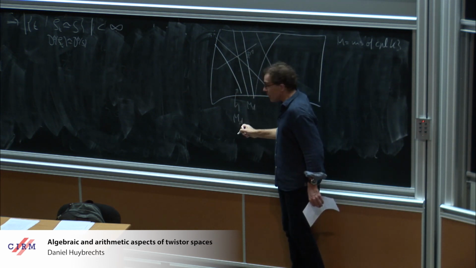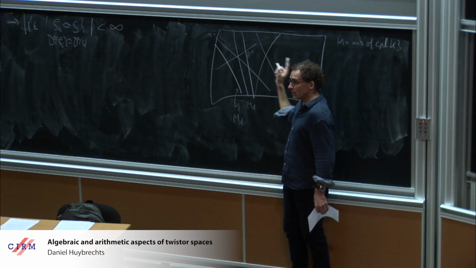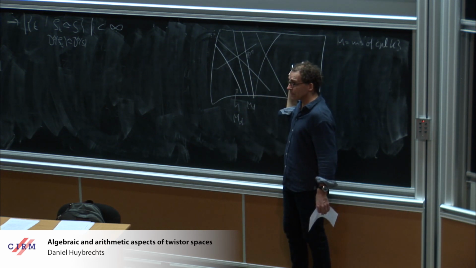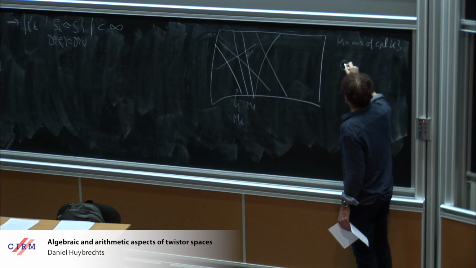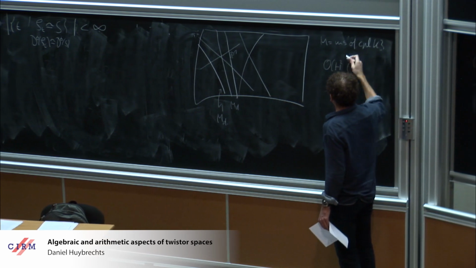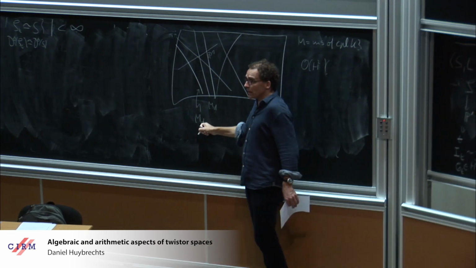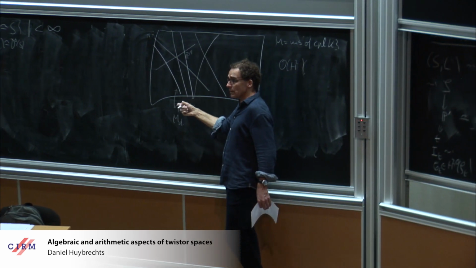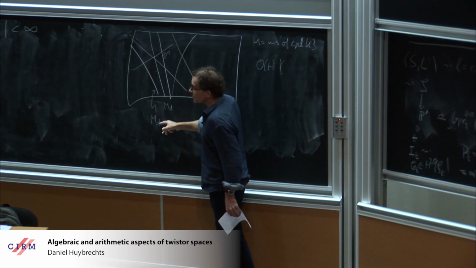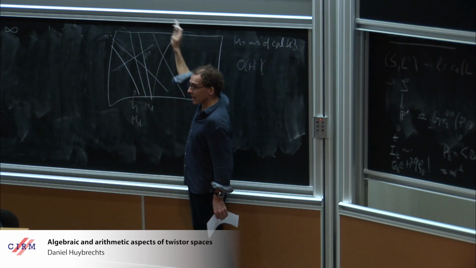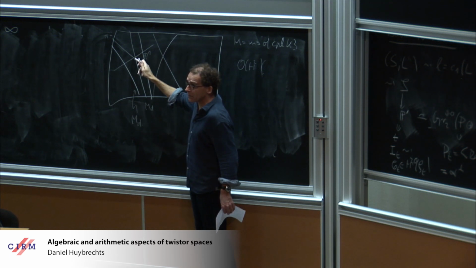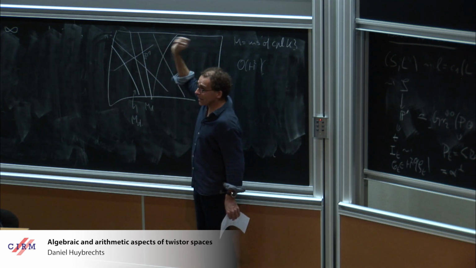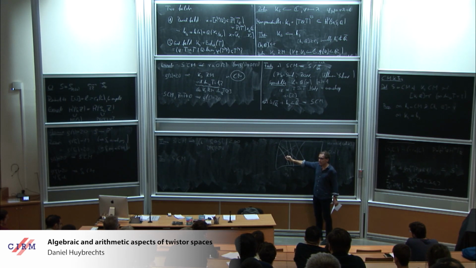But in fact, the same M_d appears infinitely often in the moduli space. Because there's a different orthogonal group. Here you divide out by the full orthogonal group, whereas here you only divide out by the orthogonal group of the primitive lattice. And that means the same moduli space M_d actually comes up again and again. So there will be infinitely many fibers, usually, where the K3 surface has a polarization of the same degree as the original one.